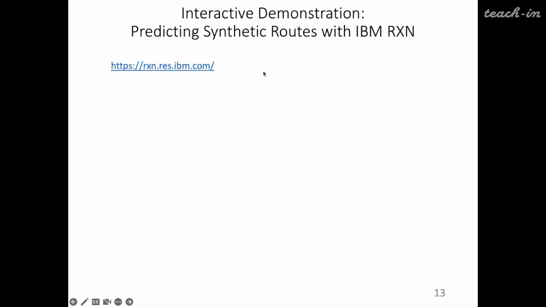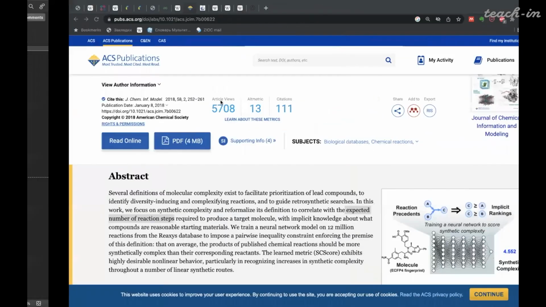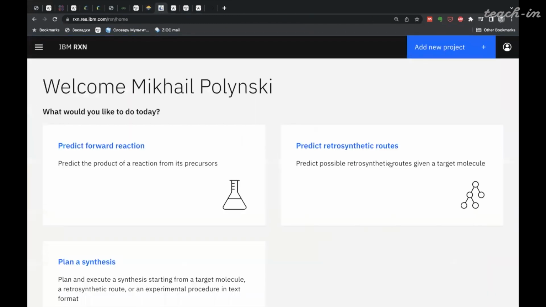We can get a glimpse of how this model works by using the site we discussed in the previous lecture.